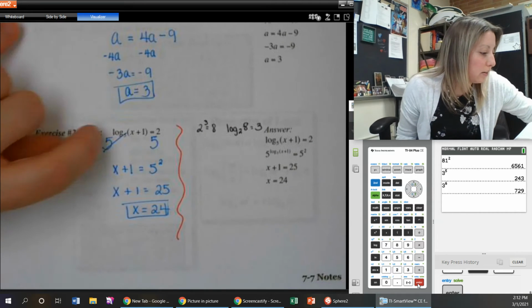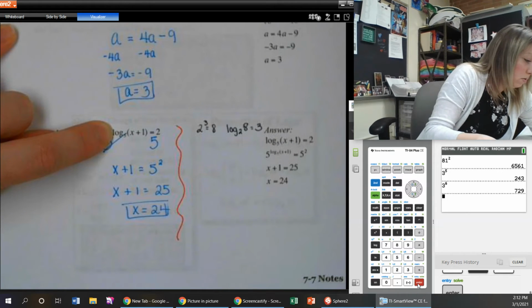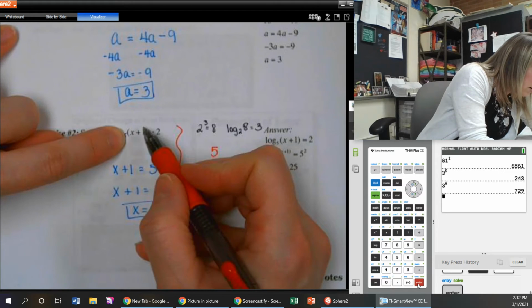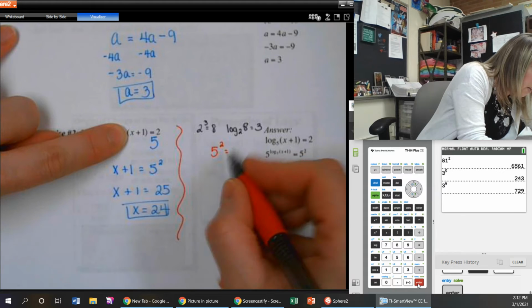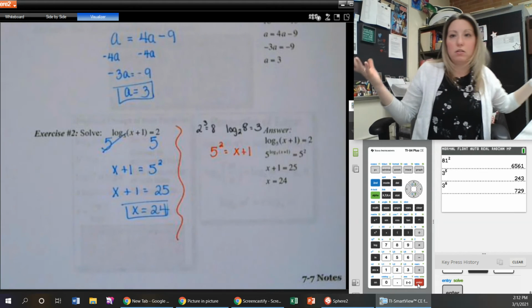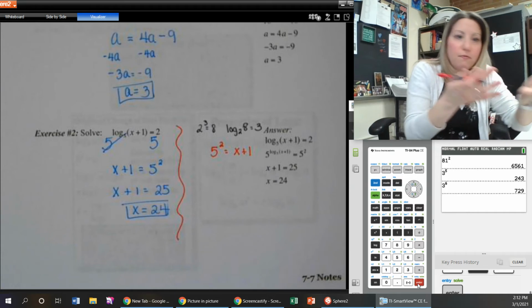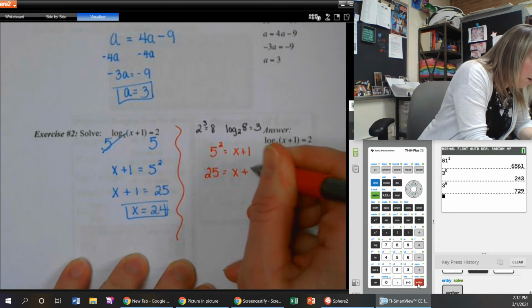Only one side has the log base 5. So you know 5 to the answer 2 is equal to the number in the log, x plus 1. I just converted it back into exponential form. That's all. And 5 squared is 25. And oh, this is exactly the same problem that I had before.